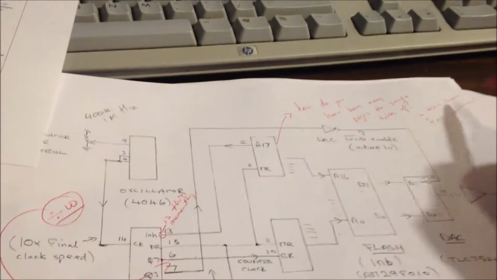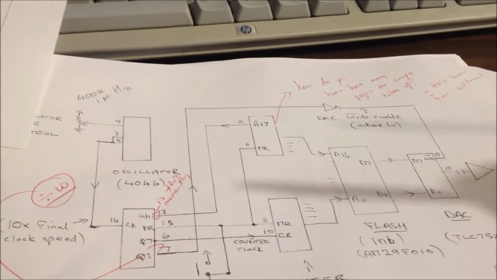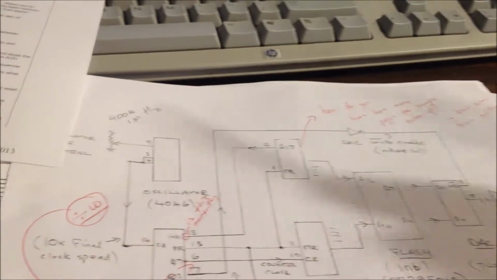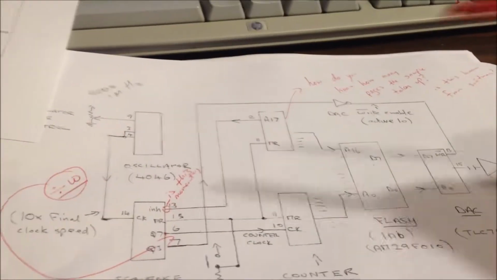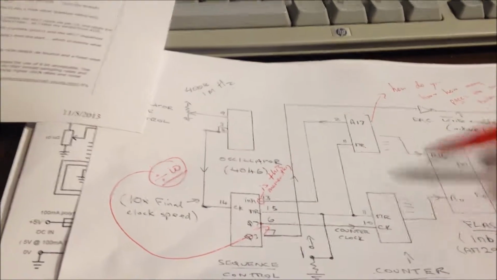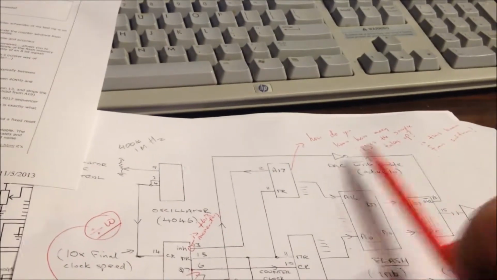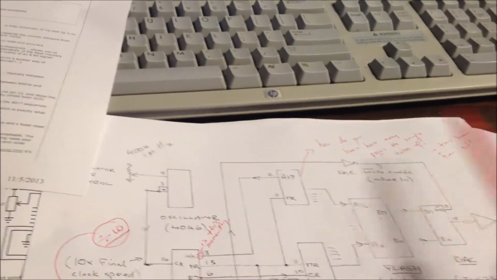I'm thinking maybe this is something I'd be able to see in the programming software, because you can see what's on the chip. Maybe, I'm not sure. So that's a question. Okay, so it counts, and then it addresses, and then dumps. I have some questions about this part too, but we'll just wait for that.